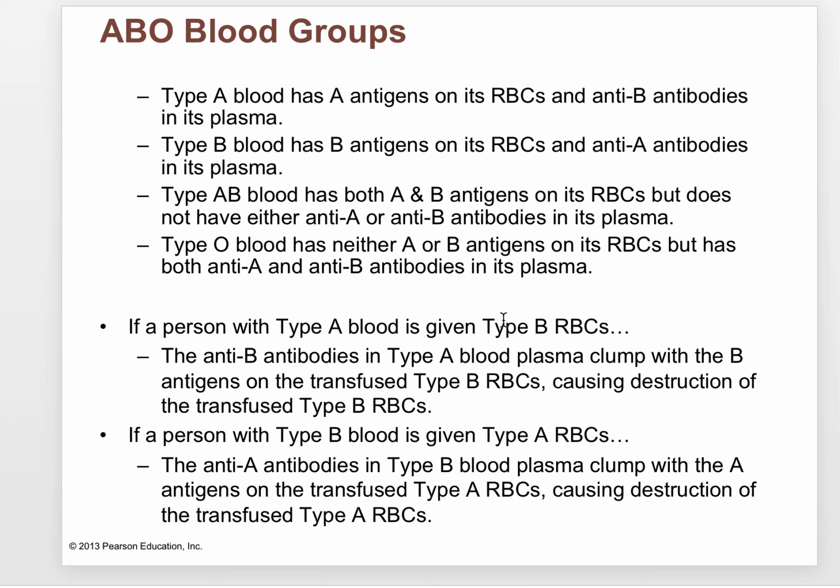The bottom line is when you're given two different types of blood, the antigen and antibody complexes agglutinate together and lock together, and that's going to cause destruction of the red blood cells. That's not a good thing.